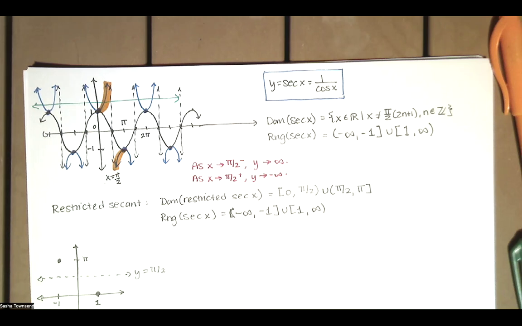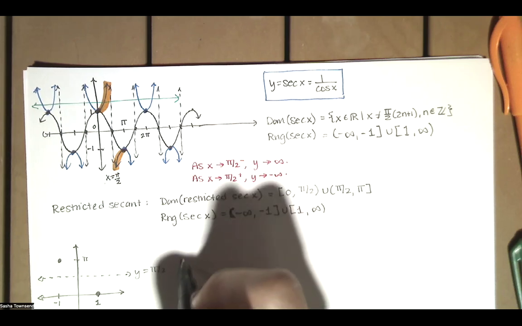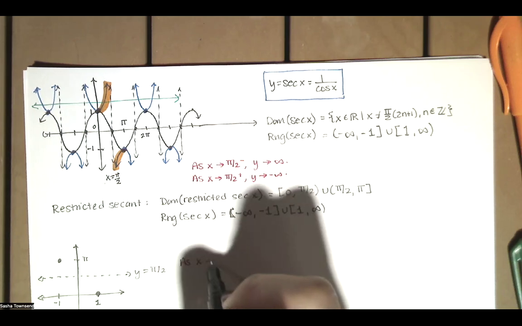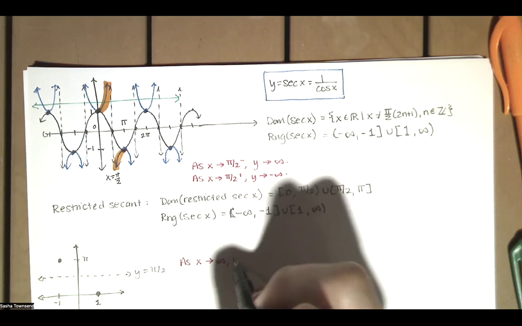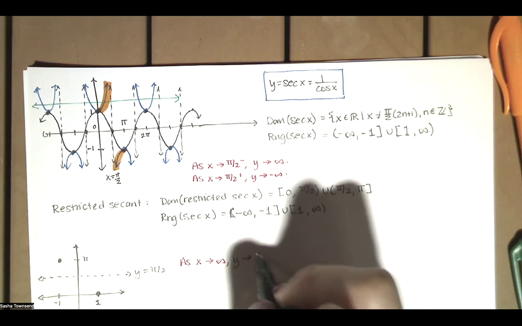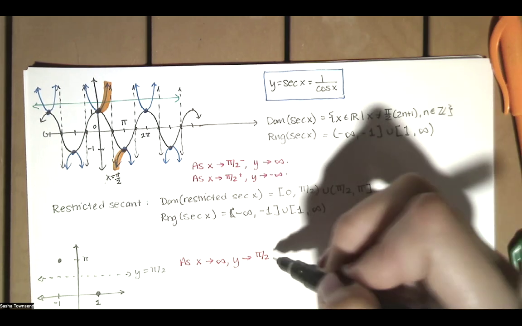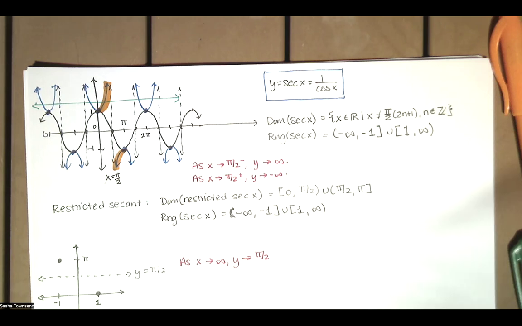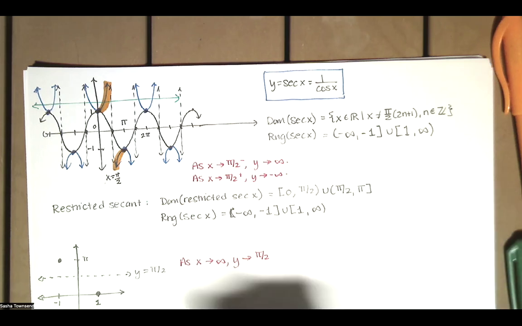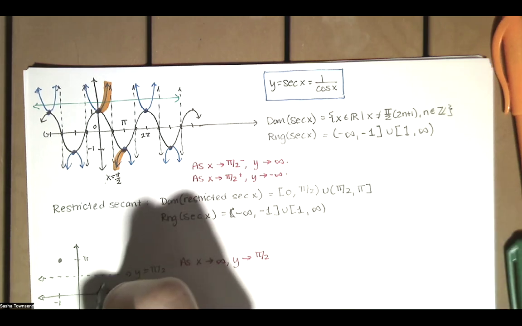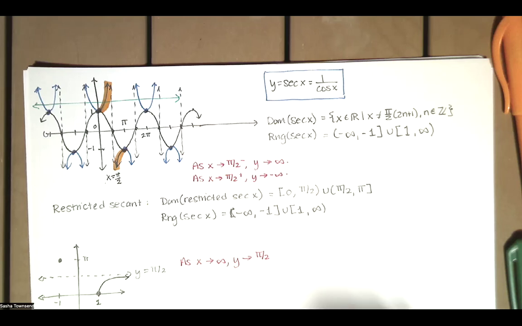Now, when you switch the roles of x and y, as x goes to positive infinity, y will approach pi over 2. And since that's a negative there, we're approaching pi over 2 from below. So our function is getting very close to pi over 2, but it's never exceeding it.